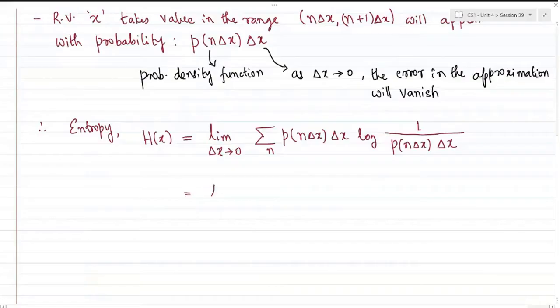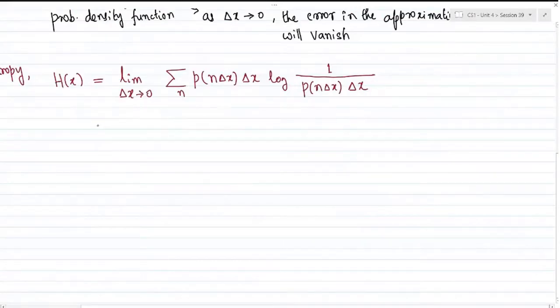Okay, this can be further simplified as limit delta x tends to 0 summation over n of p of n delta x times delta x times log. Since there are two parts in the product here, I can split it into two parts.